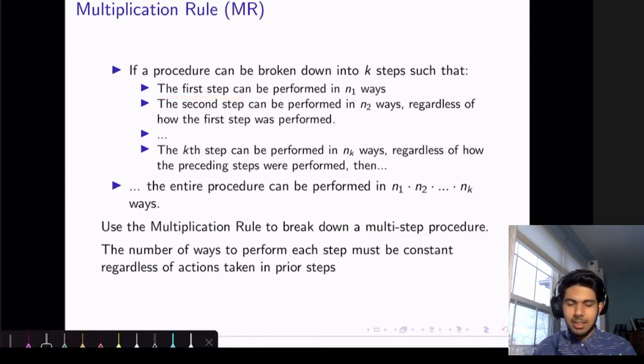So the key thing here is how the previous things were performed. We can take the previous steps into account when determining what this value of n2 is, or nk or whatever it is. We should be mindful of the previous steps, but our value should be a constant.